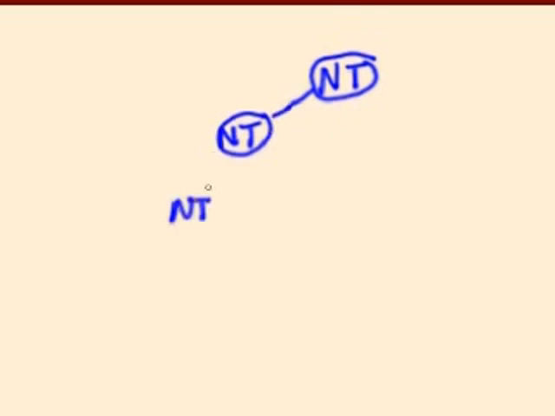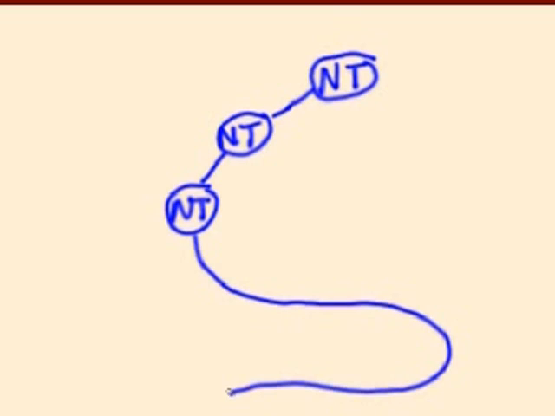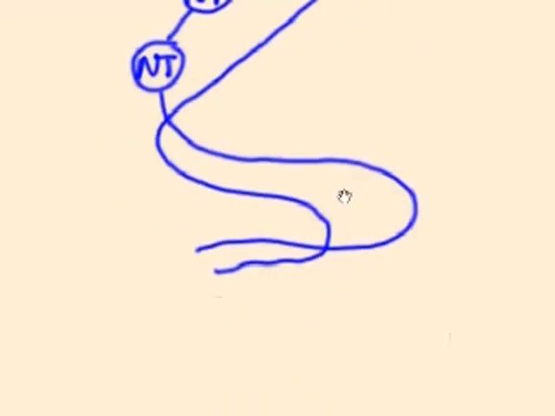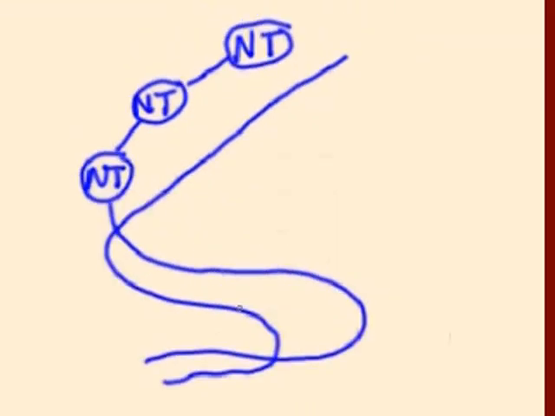We'll just put here nucleotide, nucleotide, nucleotide. Just a long string of nucleotides. And a lot of times that string is doubled, and it makes a double helix. And so we call this structure a nucleic acid.